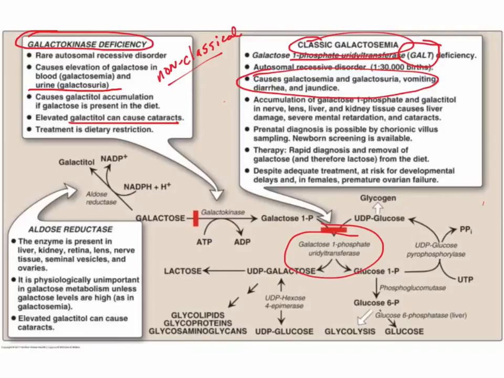Infants with the disease develop symptoms soon after birth, including vomiting, diarrhea, and enlargement of the liver. Jaundice is common, sometimes progressing to cirrhosis. Cataracts will form, and if galactose is not eliminated from the diet, mental development is soon affected. We'll go into more detail on classical galactosemia in our group exercise.